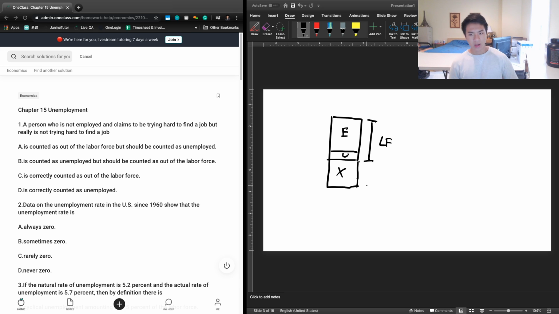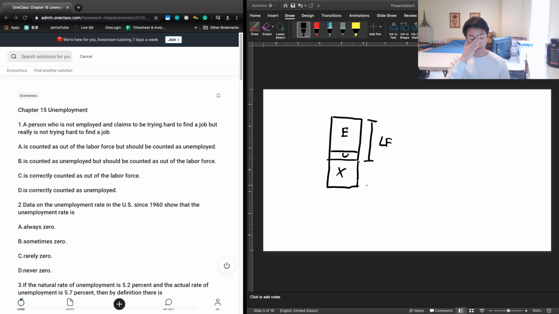And so what are the definitions then for someone who is in the labor force? Someone who is in the labor force is someone who is capable of working, so they don't have a disability or anything that stops them from working, and has been looking for a job in the last 4 weeks. Anybody who falls into those two categories is considered in the labor force, and in terms of employed or unemployed, if they have a job, they're employed, and if they don't have a job, they're unemployed.